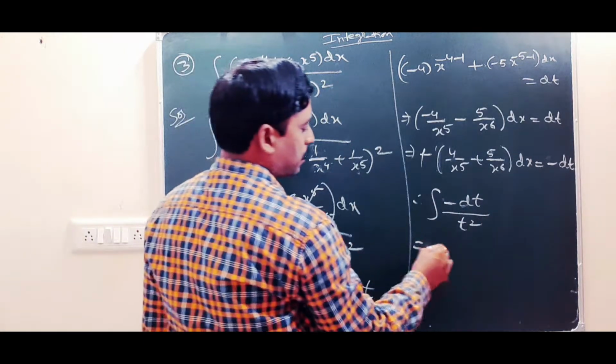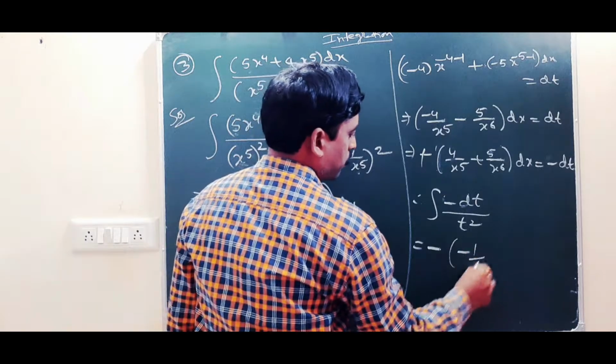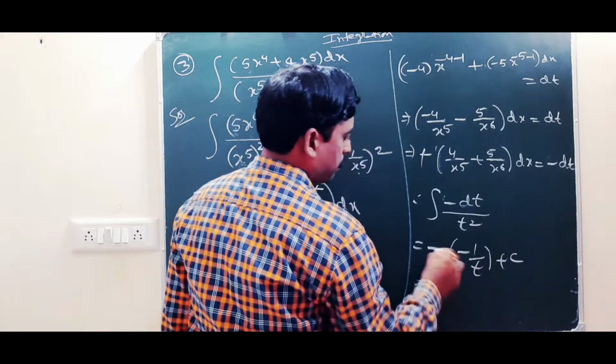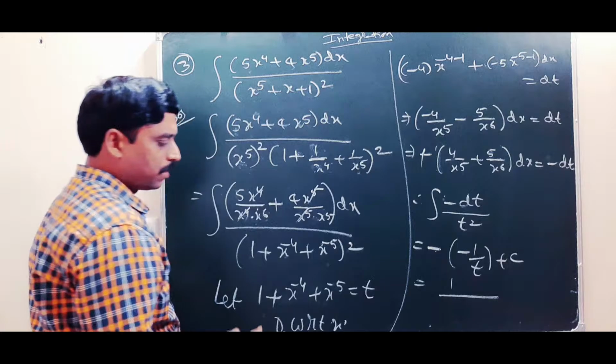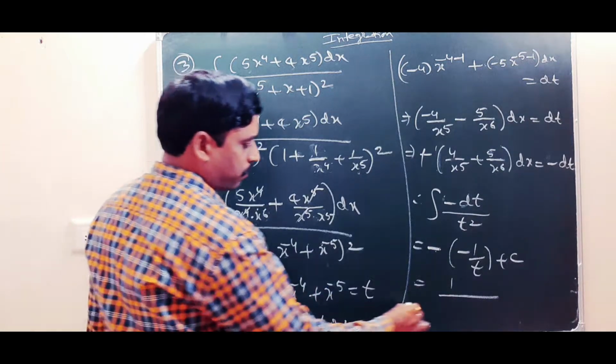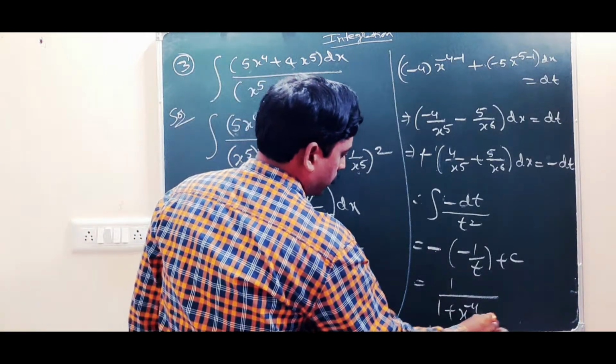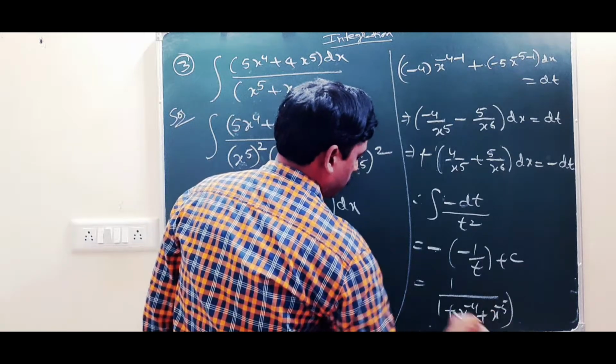Minus 1 constant. Integral 1 by t square is -1/t + c. So minus into minus plus 1 by, in the place of t, we write 1 + x^-4 + x^-5, plus c.